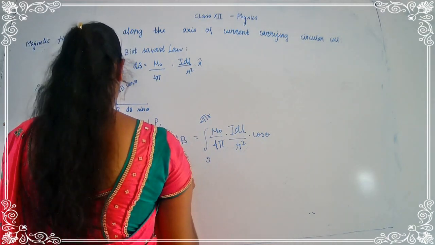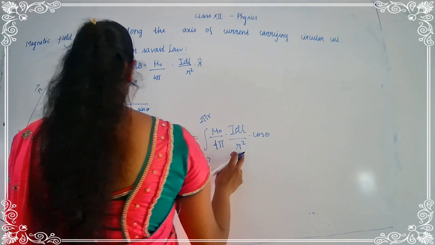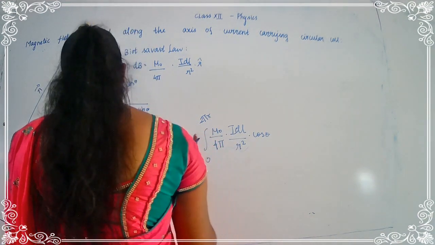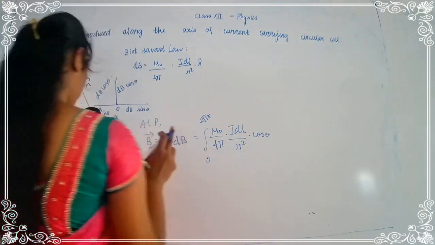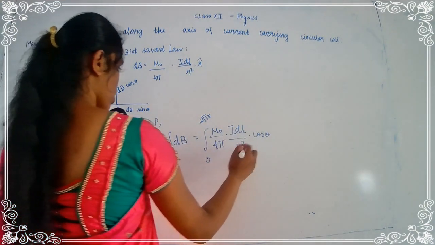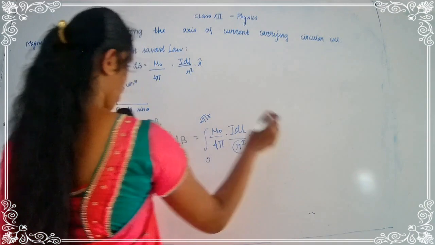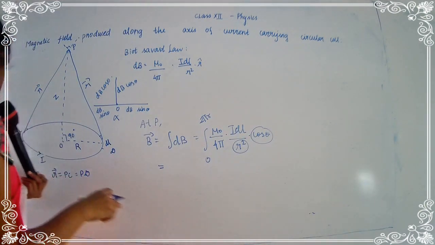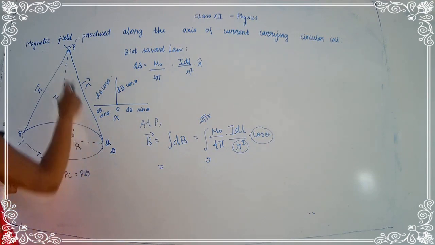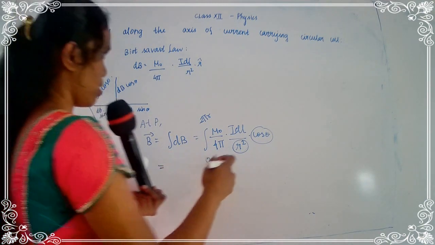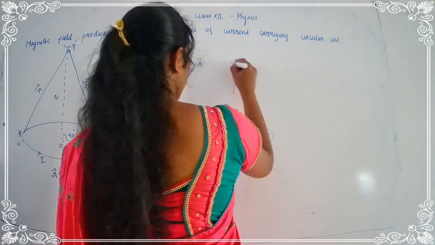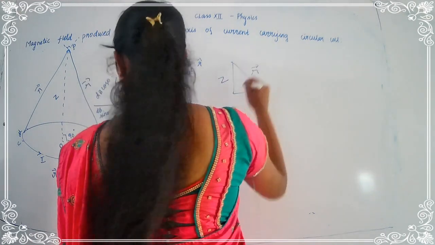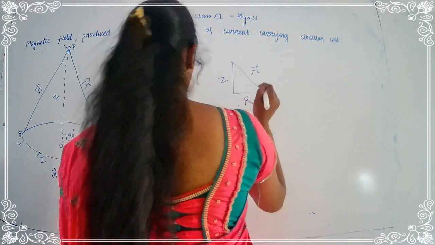So what happens, this r square and cos theta you are going to find from here. Take a triangle, take this triangle. Here z, the r vector. Take this triangle.